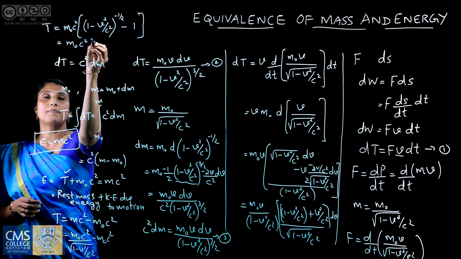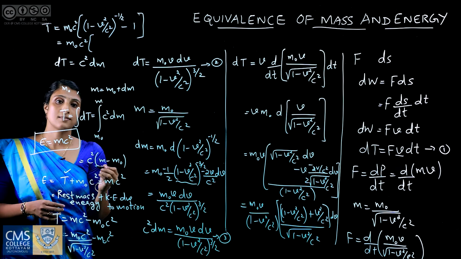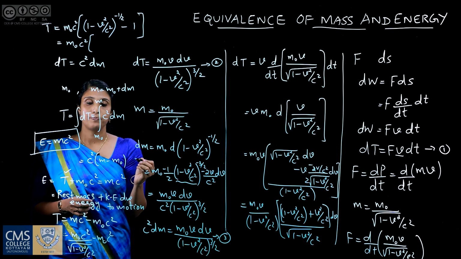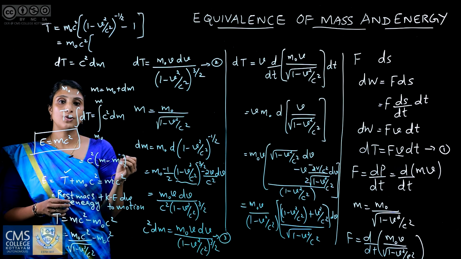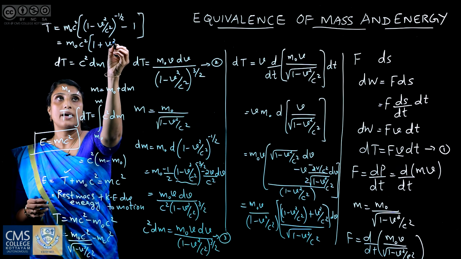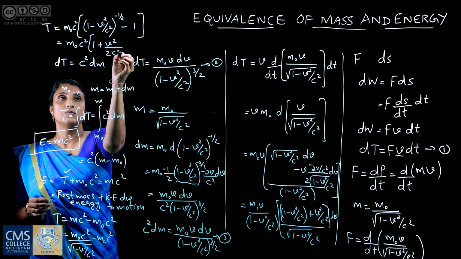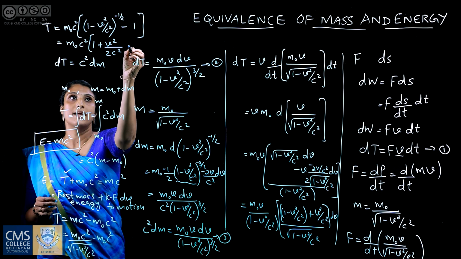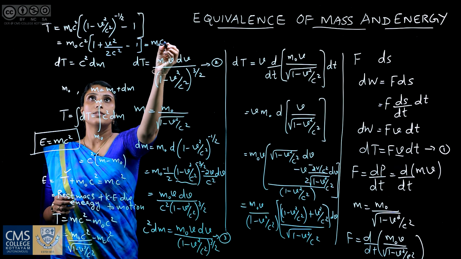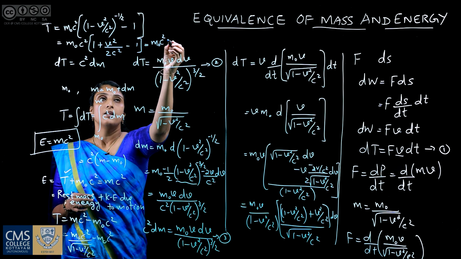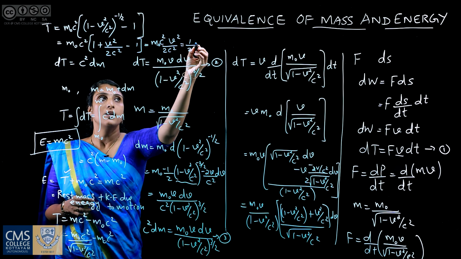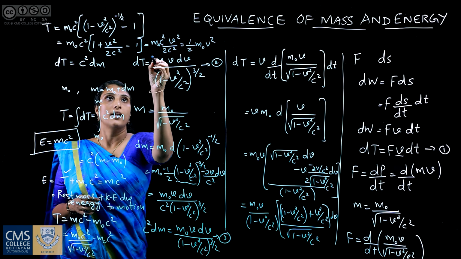Using the binomial expansion, we get 1 minus x whole raised to minus half is 1 plus 1 by 2 into x plus 1 into 3 divided by 2 into 4 into x square plus etc. That is 1 plus v square by 2c square, neglecting the higher order terms. So, we get m0 c square into v square by 2c square, which is equal to half m0 v square.